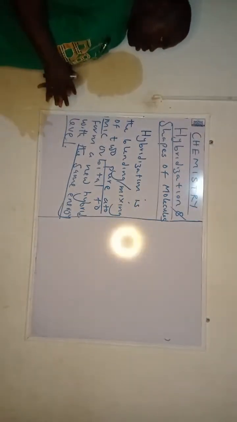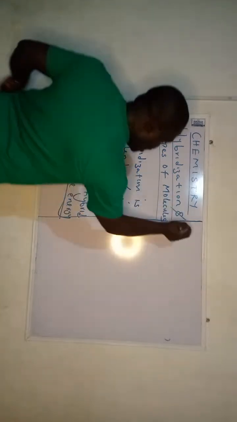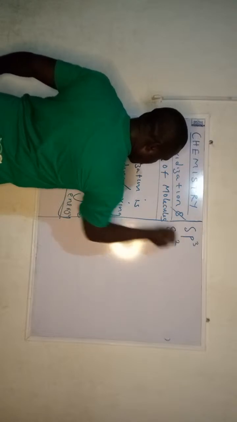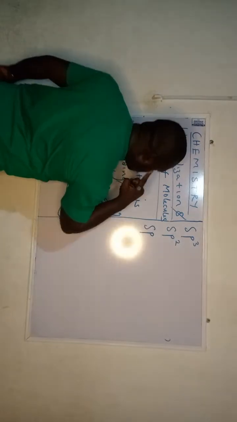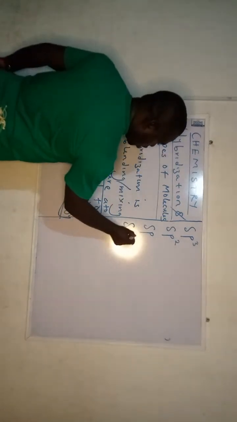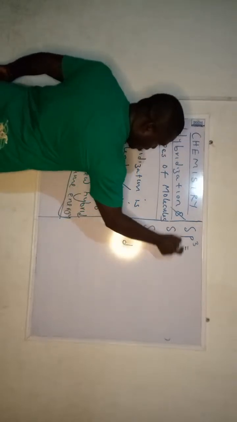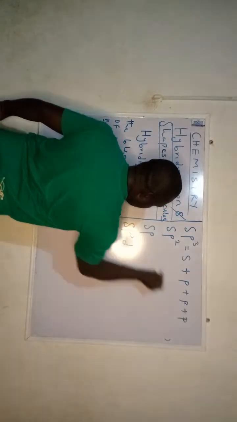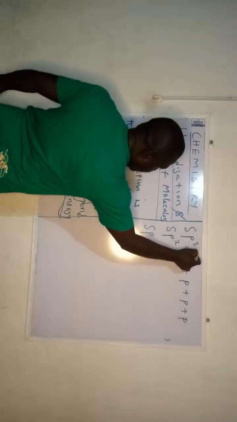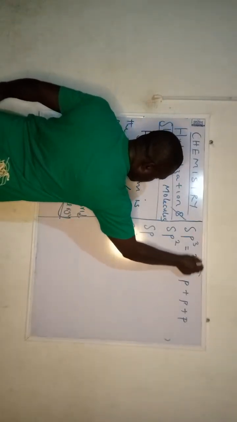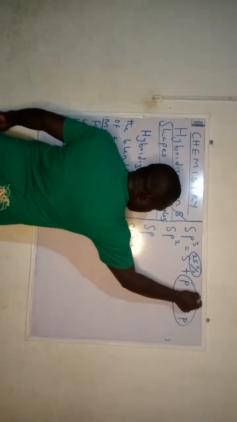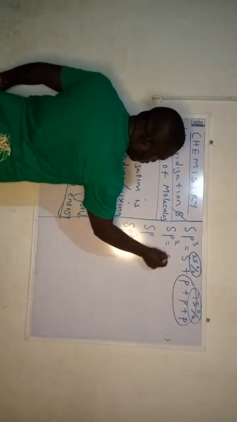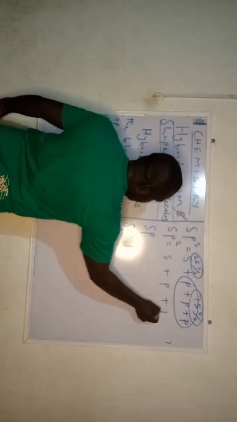From what I've said, if we talk about hybridization of sp3, sp2, sp, and sp3d, what sp3 means is that you have 1s and 3p. So your s here is contributing 25%, and your p here is contributing 75%. When you come to sp2, it means s plus p plus p.